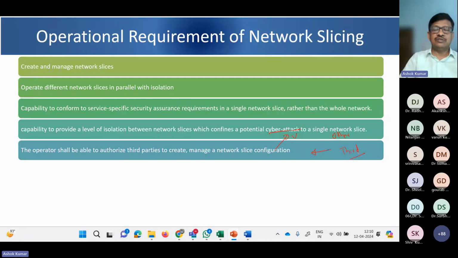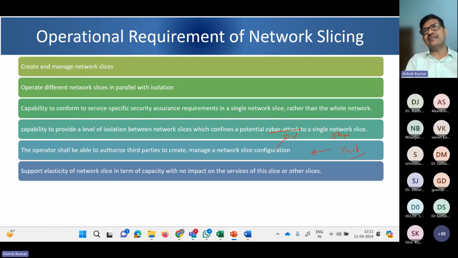For example, suppose one slice is created for, say, Maruti Suzuki or Honda. They should be given certain rights onto those slices so that they are able to manage them, right? Or even a new network slice creation should be possible in case an operator authorizes a third party.